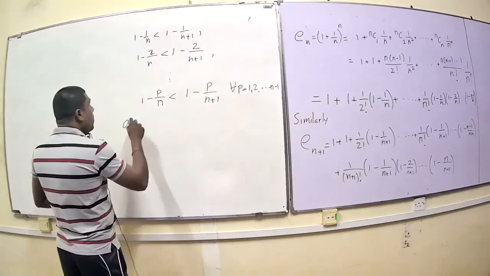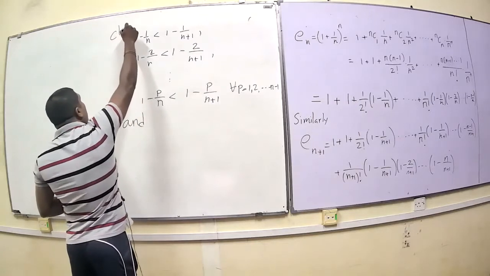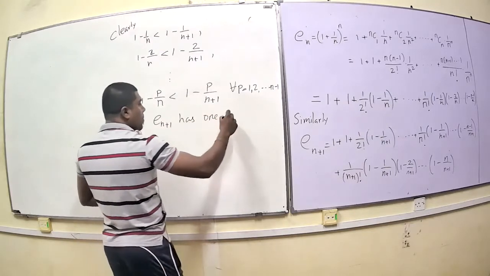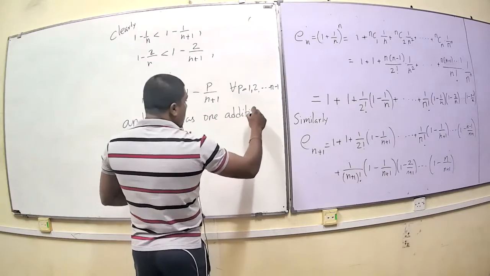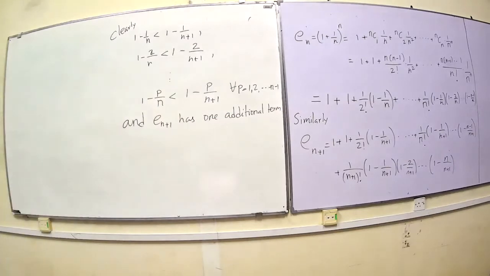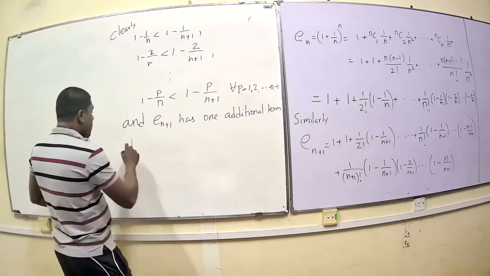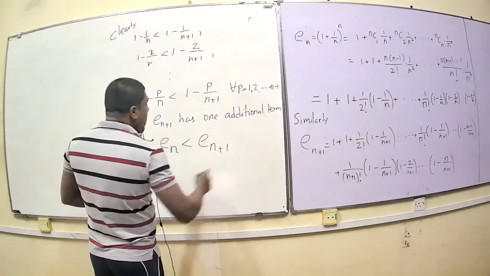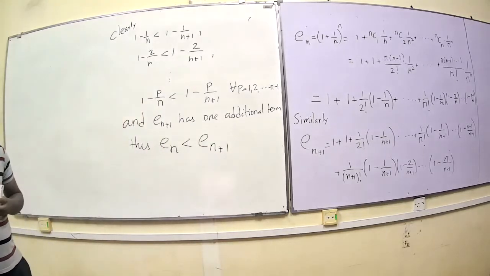So clearly the terms in e_(n+1) are larger than the corresponding terms in e_n. At the same time, e_(n+1) has one extra term as well. So you can clearly say e_n is less than e_(n+1) for all n.